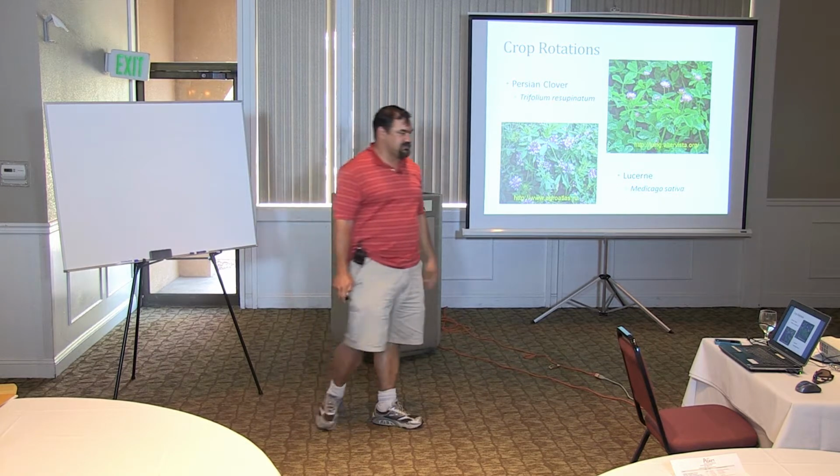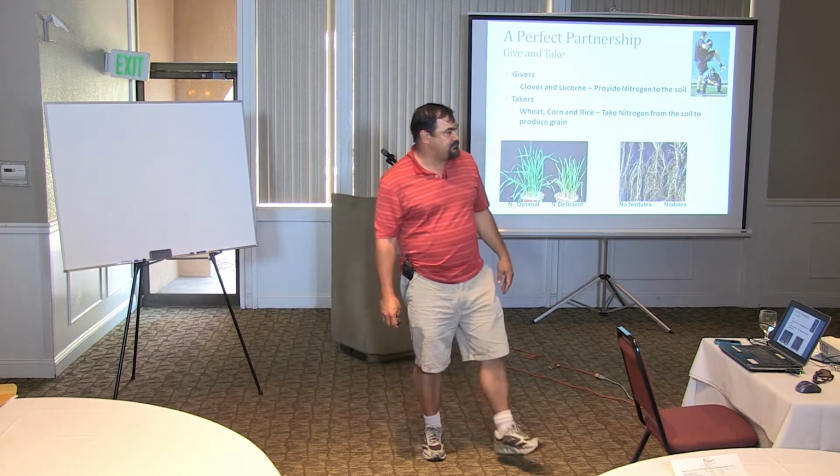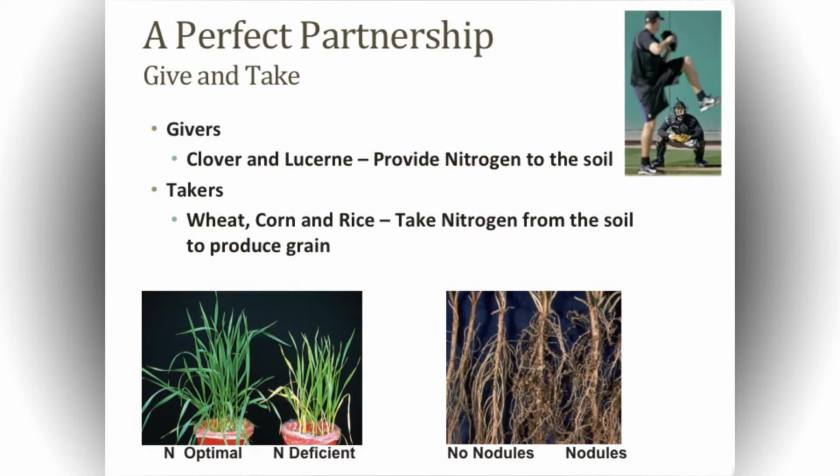So let me explain for a second. Those two plants are called legumes. And those two legumes really can be in a perfect partnership with our wheat. It's the pitcher and the catcher theory, right? One gives, the other one takes. So in this case, the giver of the system is the clover and the alfalfa, or lucerne.